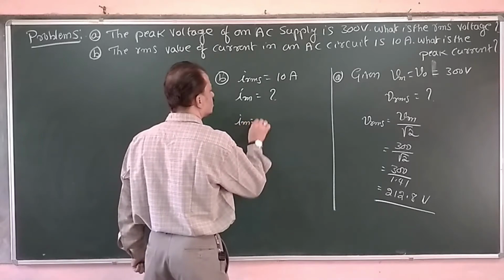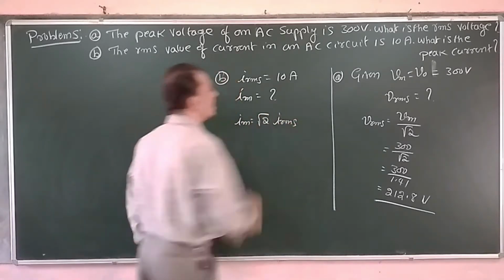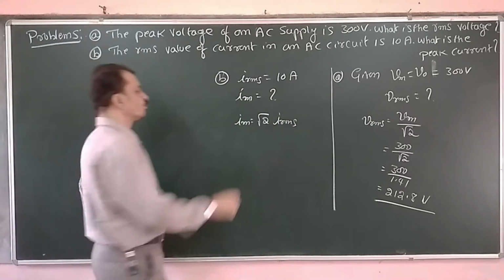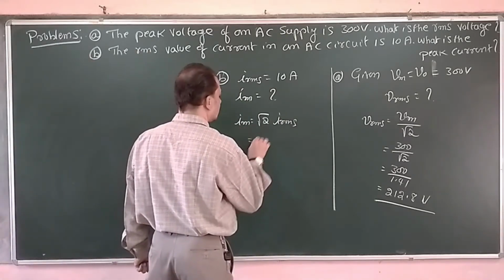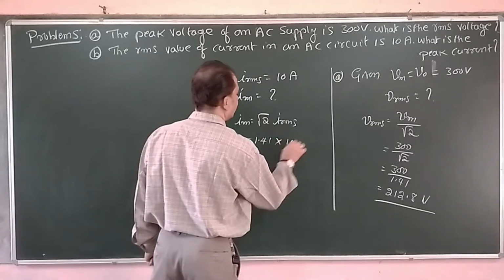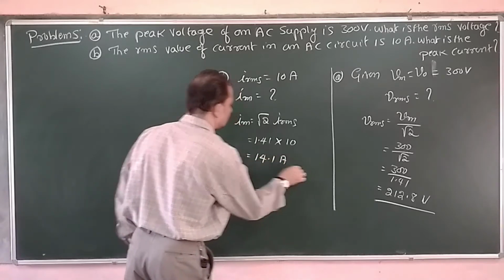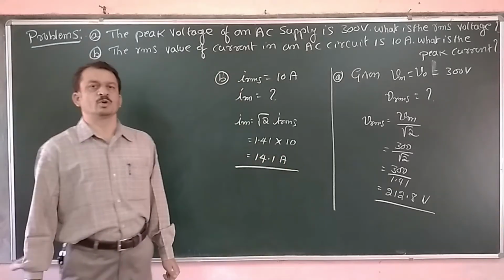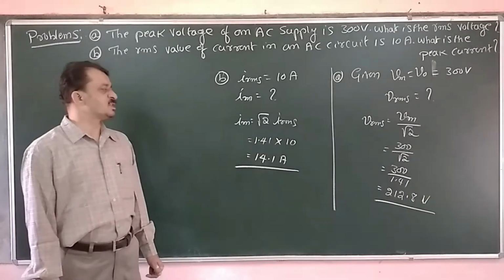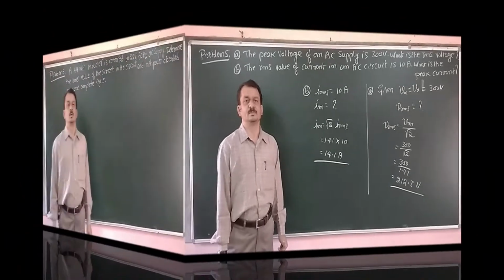Im is equal to root 2 into IRMS. Root 2 is once again 1.41 multiplied by 10. Therefore, simple multiplication, 14.1 amps. This is the peak value of the current.